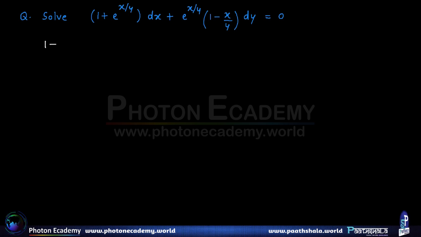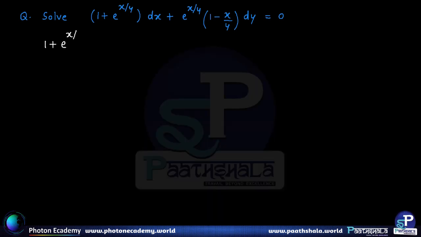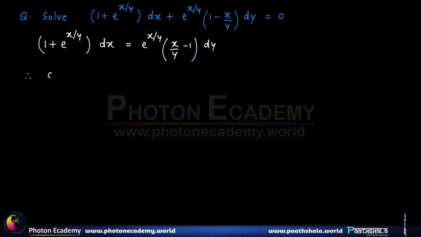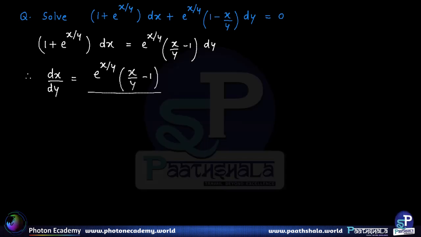So let us write it as (1 + e^(x/y)) dx = e^(x/y)(x/y - 1) dy. So this gives us dx/dy = e^(x/y)(x/y - 1) / (1 + e^(x/y)).